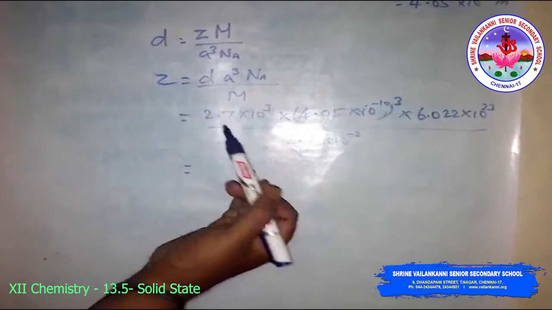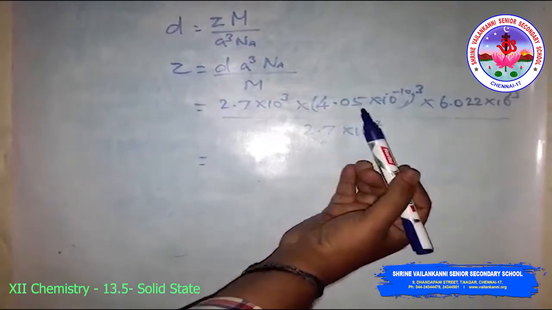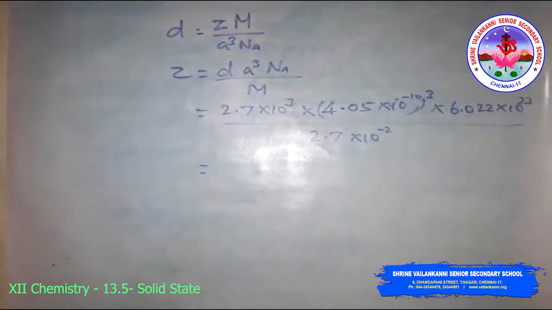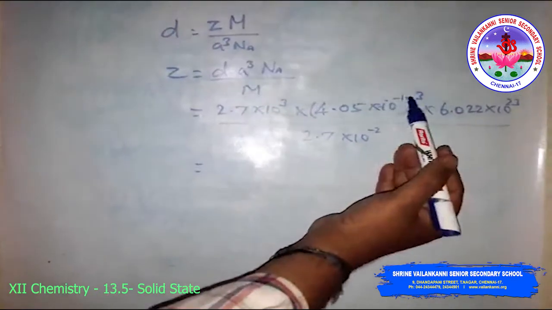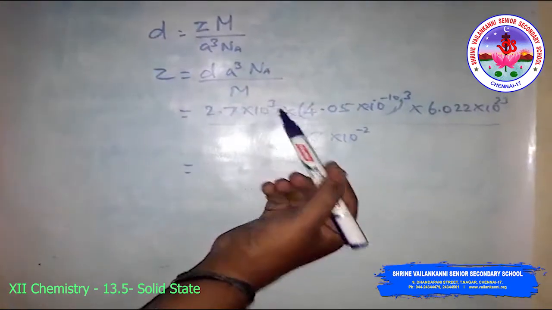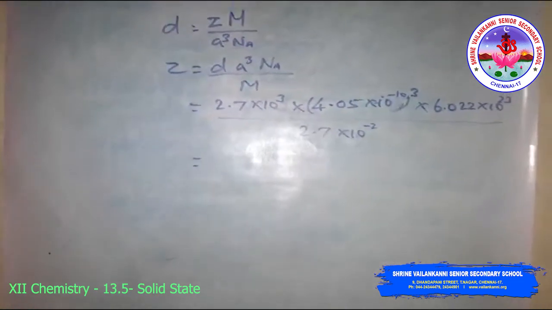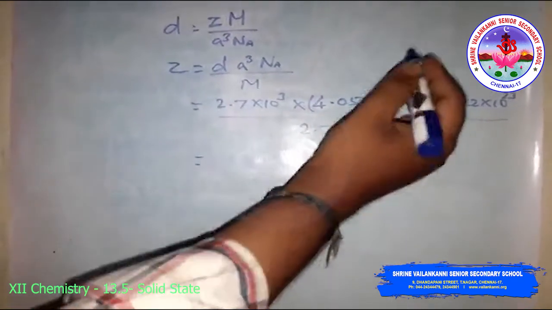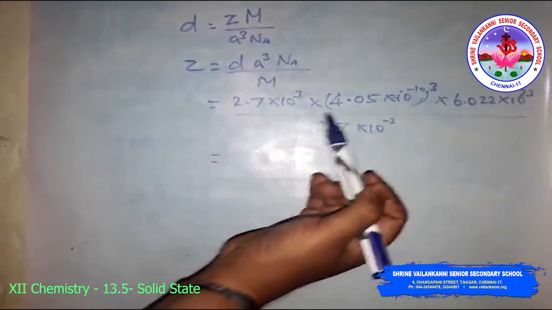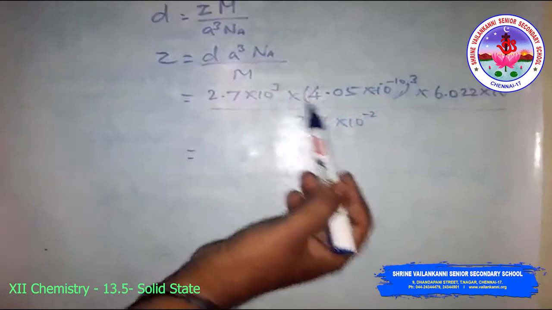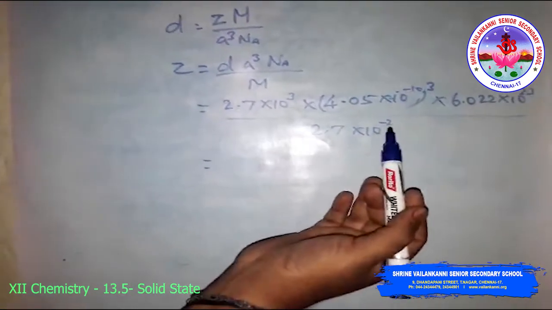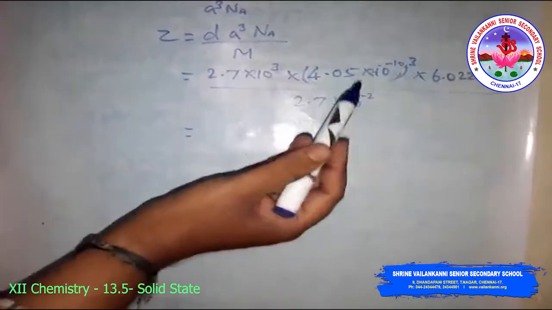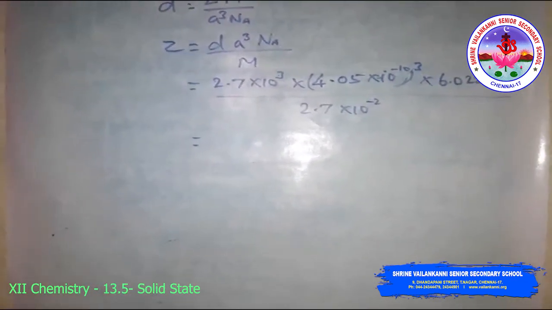Take the log of 2.7, then the log of 4.05 three times because of the power 3, and the log of 6.022, and simplify the powers of 10. Here 10^-30, and 10^23 plus 10^3 is 10^26. In the denominator, 10^-2 becomes plus 2, so 10^28, and with 10^-30 it becomes 10^-2.